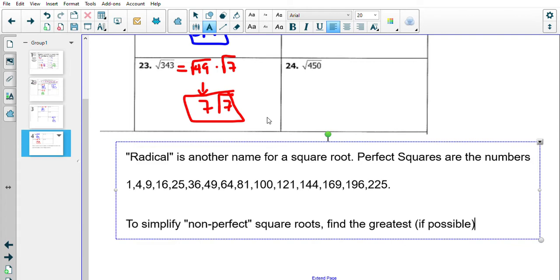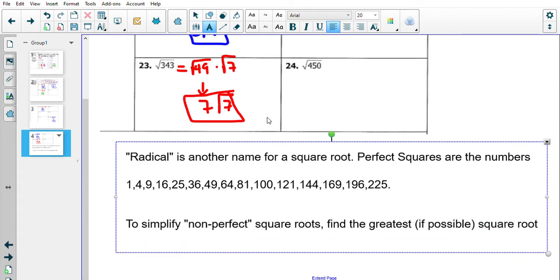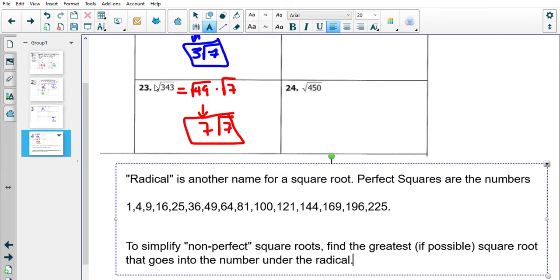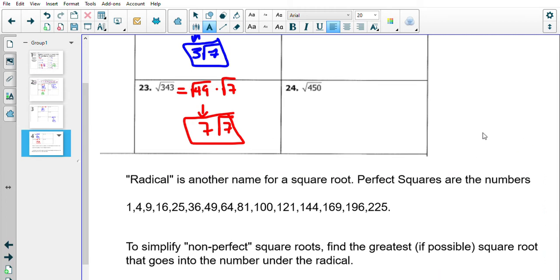If it's possible to find the greatest one, find the greatest perfect square that goes into the number under the radical. Okay, so like we just did here, we had 343. The largest perfect square that I could divide by was 49. Okay, so that's how we reduce our square roots.